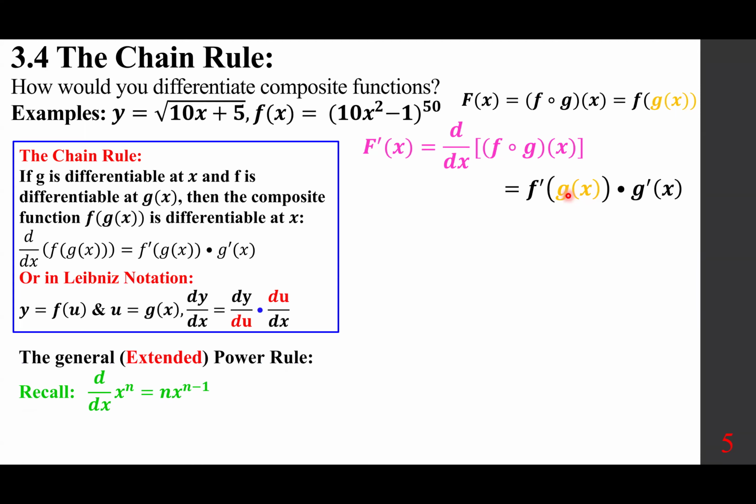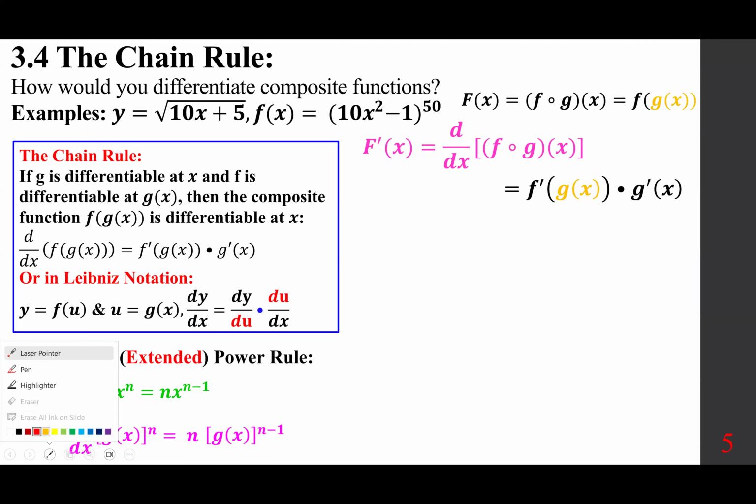Now, one interesting example would be the extended power rule. Starting with the regular basic power rule, we know the derivative of x to the power of n is n x to the power of n minus 1. But what if we have, instead of x, g of x, some function of x, and we want to raise it to the power of n? According to this, we start with n, then x to the power of n minus 1 becomes g of x to the power of n minus 1.